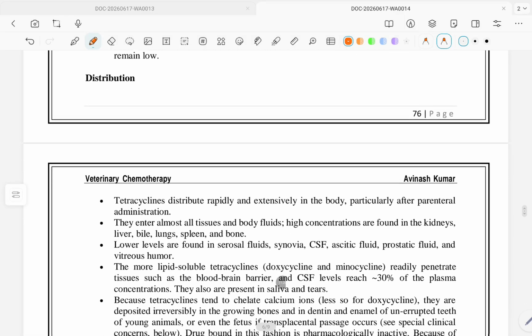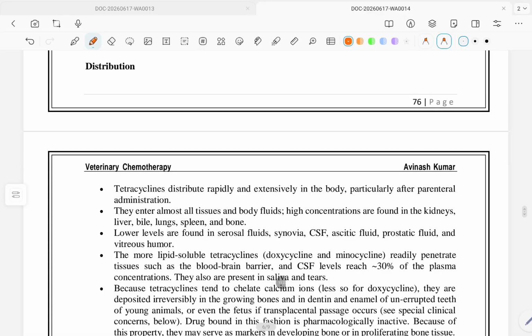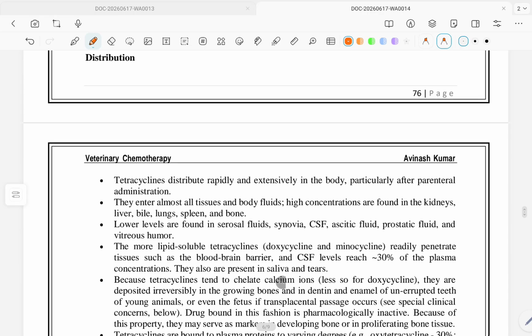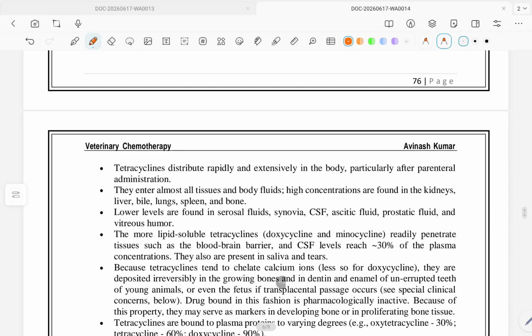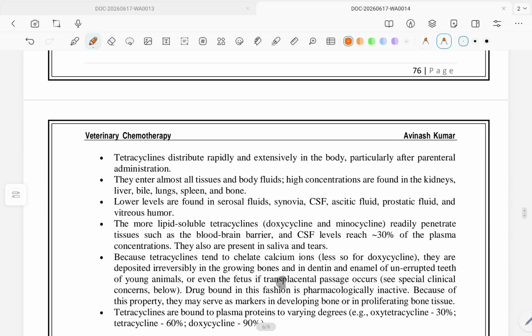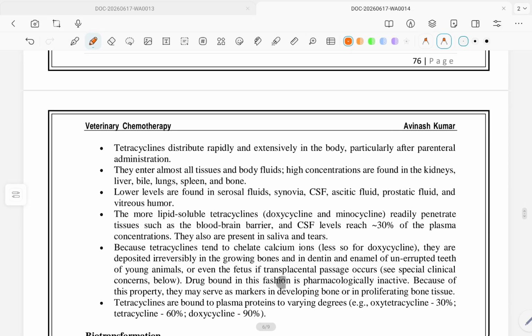Distribution. Tetracyclines are distributed rapidly and extensively in the body, particularly after parenteral administration. They enter almost all tissues and body fluids. High concentrations are found in the kidney, liver, bile, lungs, spleen, and bone.